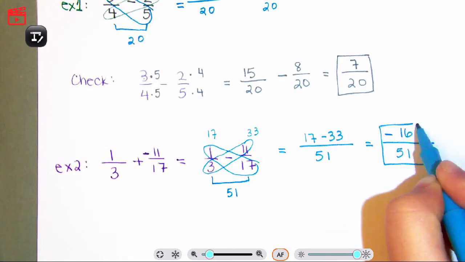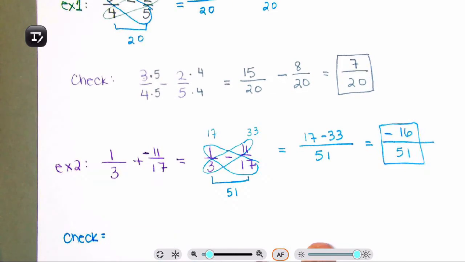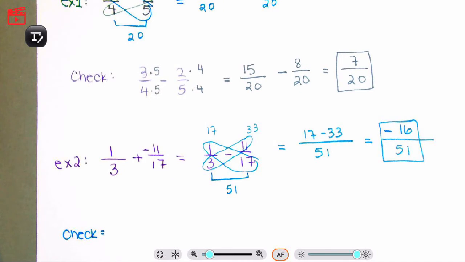And again, we're going to double check our usual way. So I have 1/3, plus a negative 11/17. Again, that's the same thing as just saying a minus. I'm going to keep it this way though.